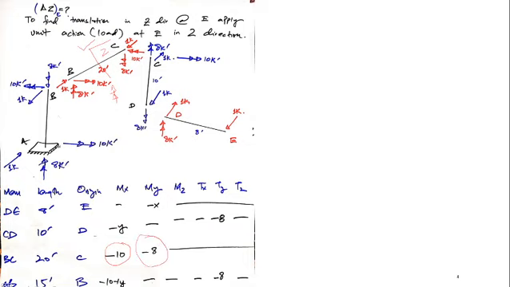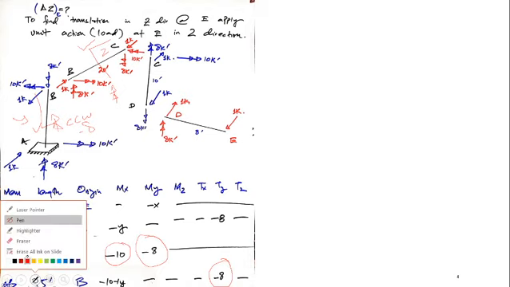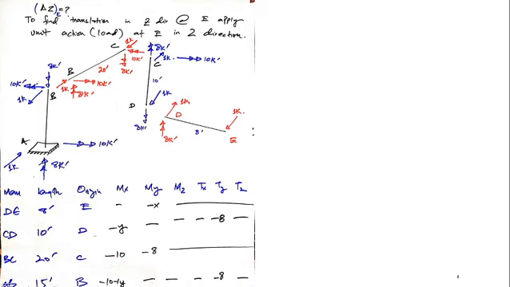Finally, member BA, and the origin is B, and I have to find all moments here. This 8 kip-foot is torsion in downward, so I have to balance it upward, and this is counterclockwise, so it should be -8, torsion in Y direction. This 10 kip-foot would be balanced with equal and opposite 10 kip-foot here, and this would be -10 because this is counterclockwise.